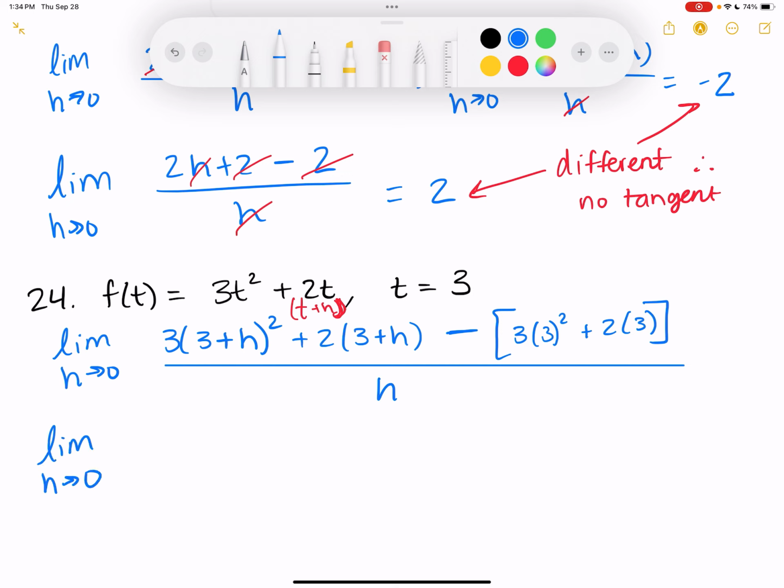And I'm going to tell you too, sometimes when they get super, super crazy on top, I might honestly just work the top on the side and then put it back, because it seems like a waste to take up an extra line to write over h.